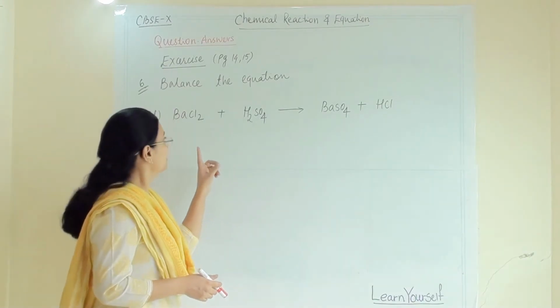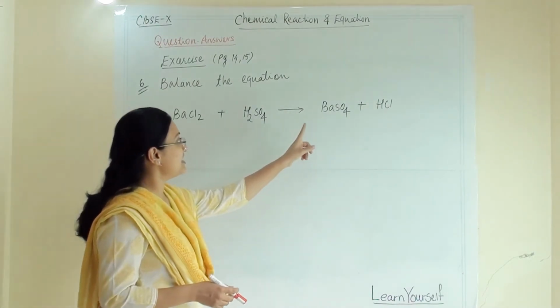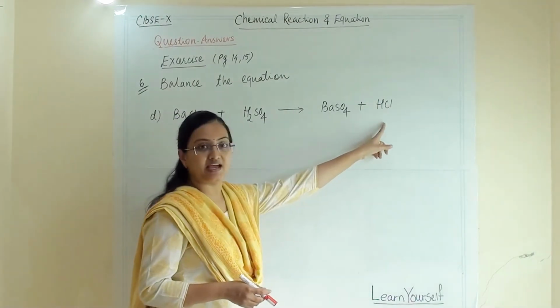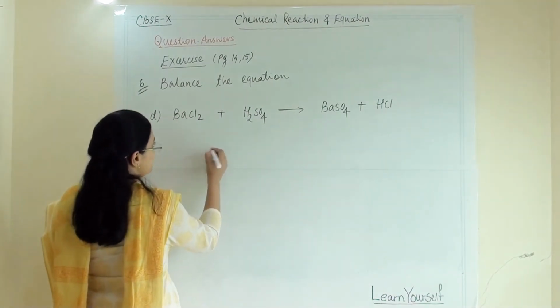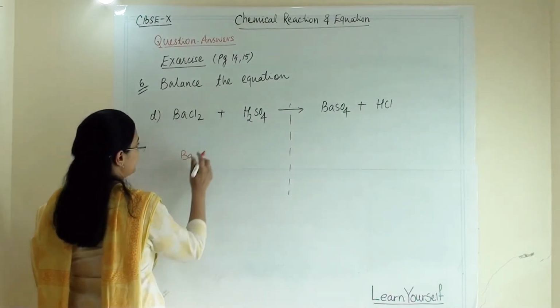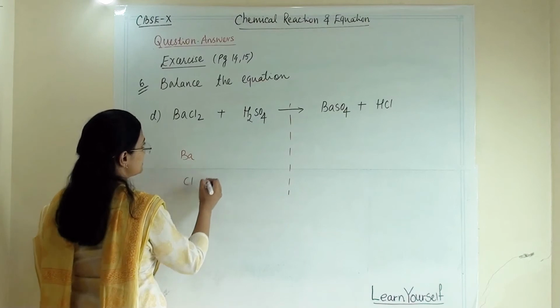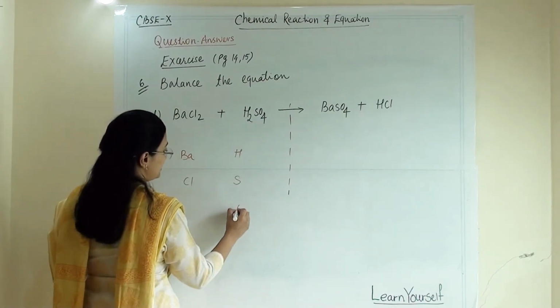Next equation. Barium chloride will react with sulfuric acid and will give us barium sulfate and HCl. So, let us write that how many atoms are there towards reactant side. Ba, Cl, hydrogen, sulfur and oxygen.